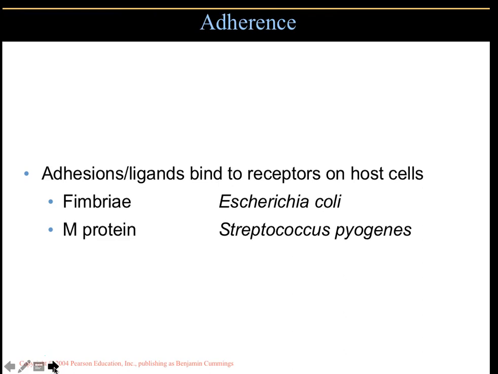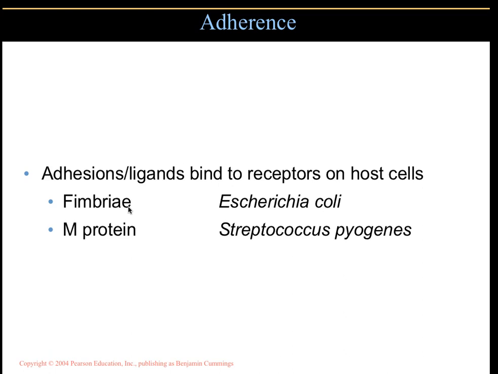Right. So one of the things that can make a microbe pathogenic or more virulent is the ability to adhere to body surfaces inside organs and organ systems. So fimbriae from E. coli. There are E. coli that are highly pathogenic, like hemorrhagic E. coli that has killed young children in the United States.